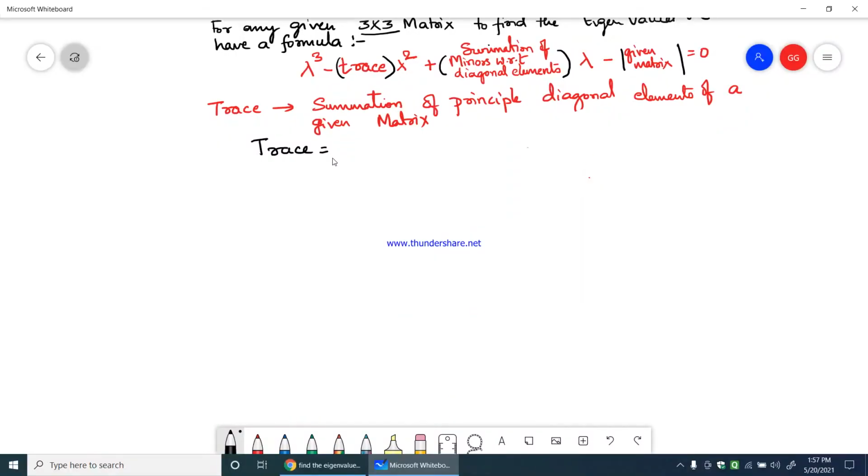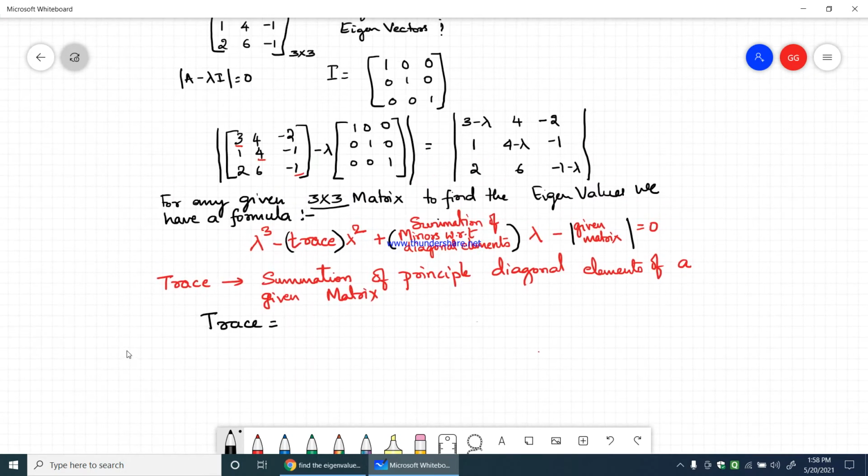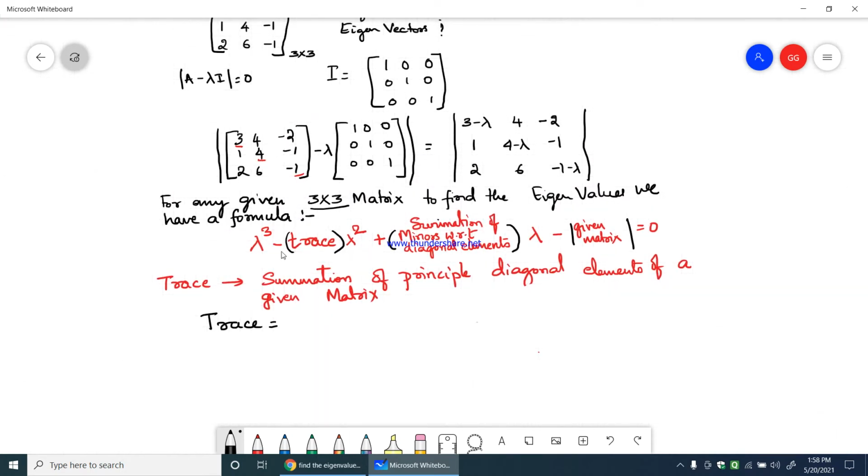The trace for this particular matrix is the summation of the diagonal elements, so it is 3 plus 4 minus 1. 4 plus 3 is 7, minus 1 is 6. Therefore trace is equal to 6. So this is the trace that we have got.